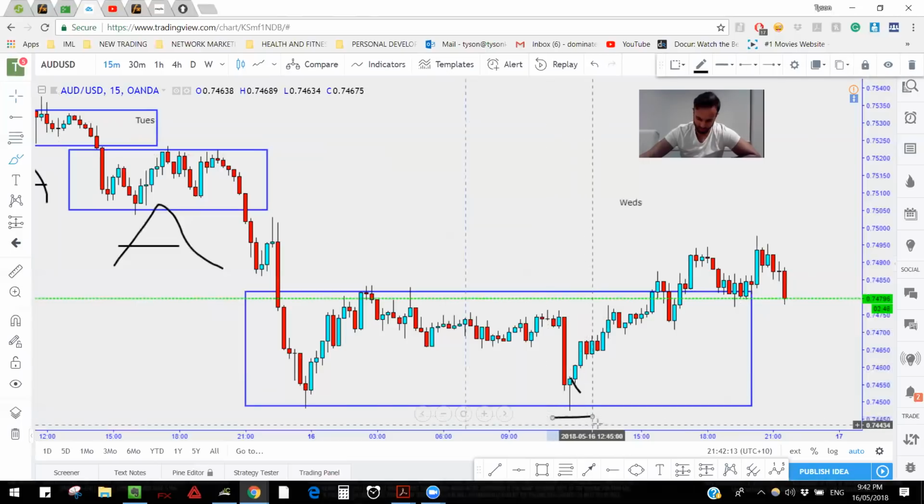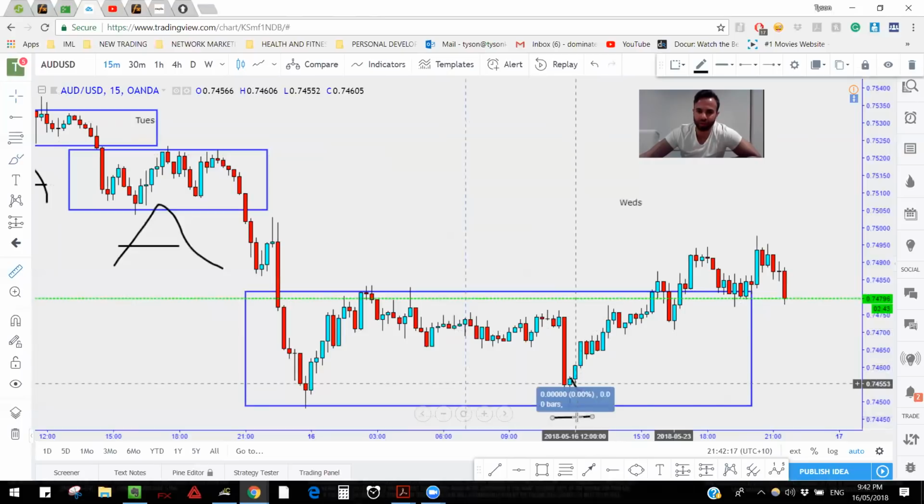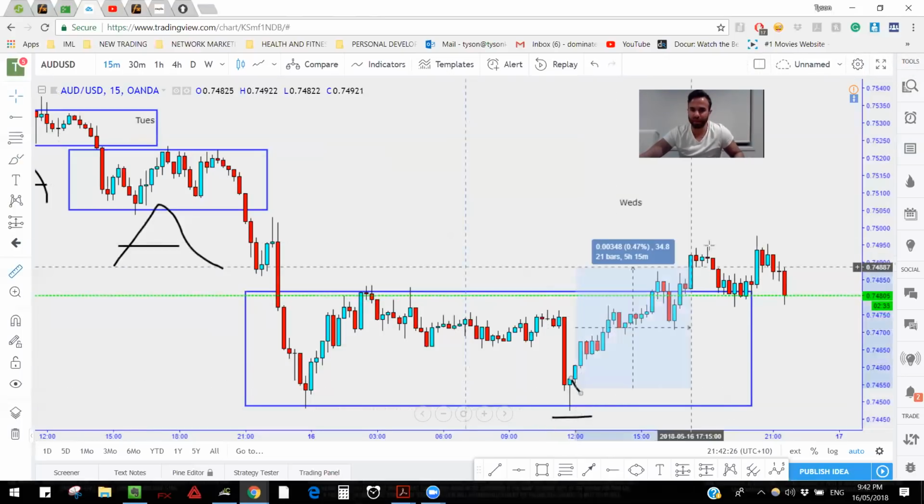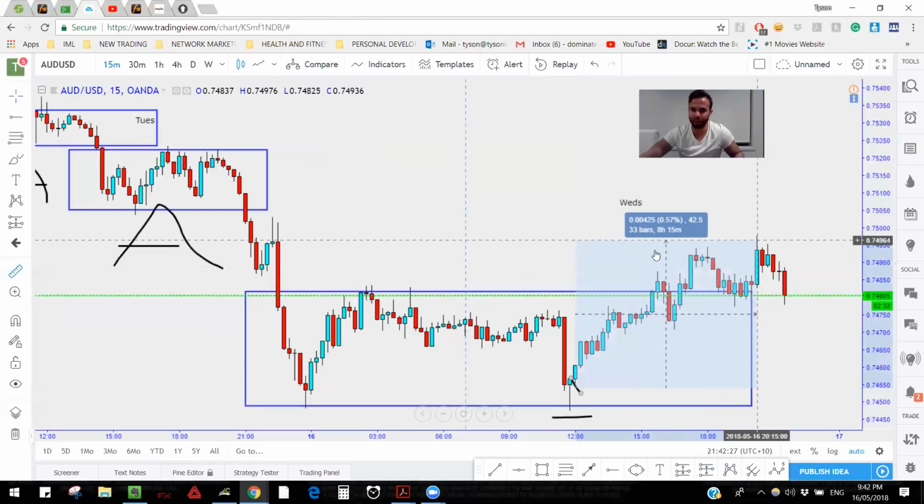So there's my stop. My stop will be from entry usually about 10 to 13 pips. And then I literally bang all the way up, either 40 pips.